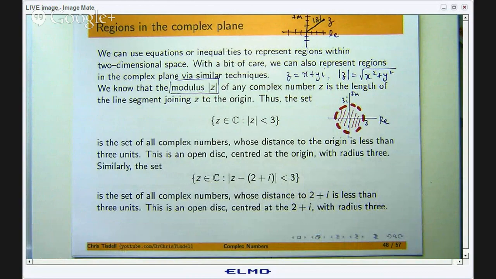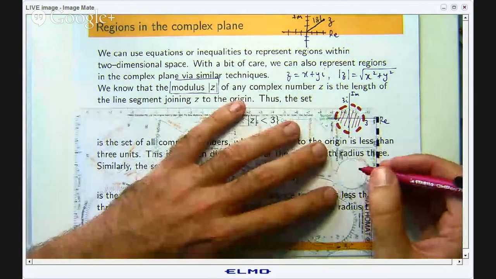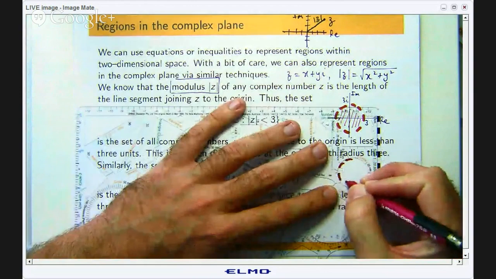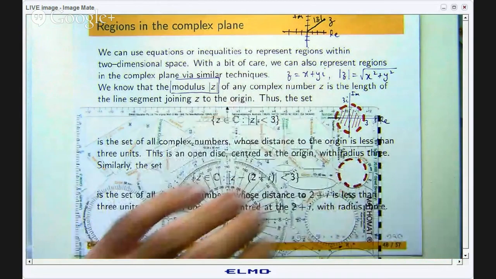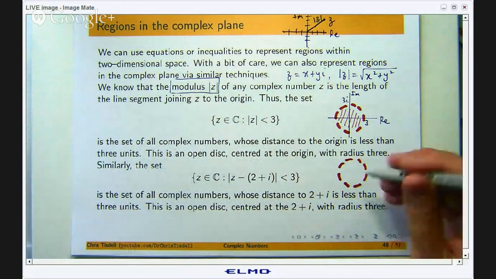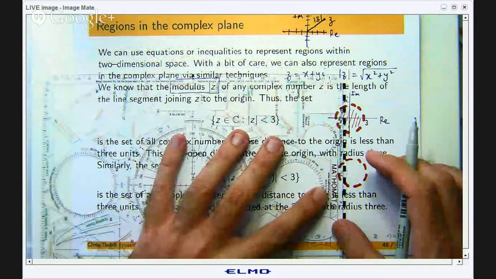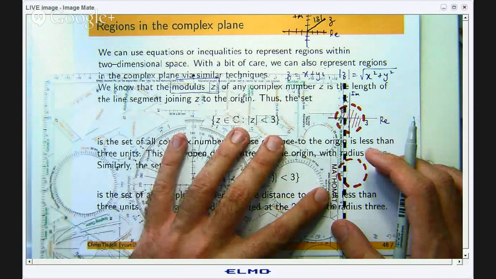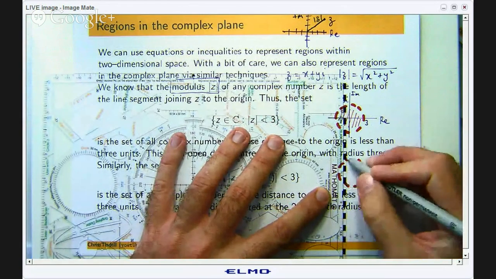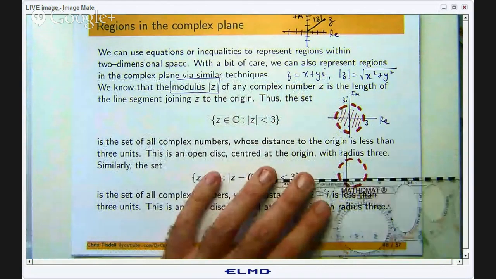So let me see if I can draw that in. Okay, and the center now is at 2 plus i. So that'll be one of the axes, and the other one will be down here.